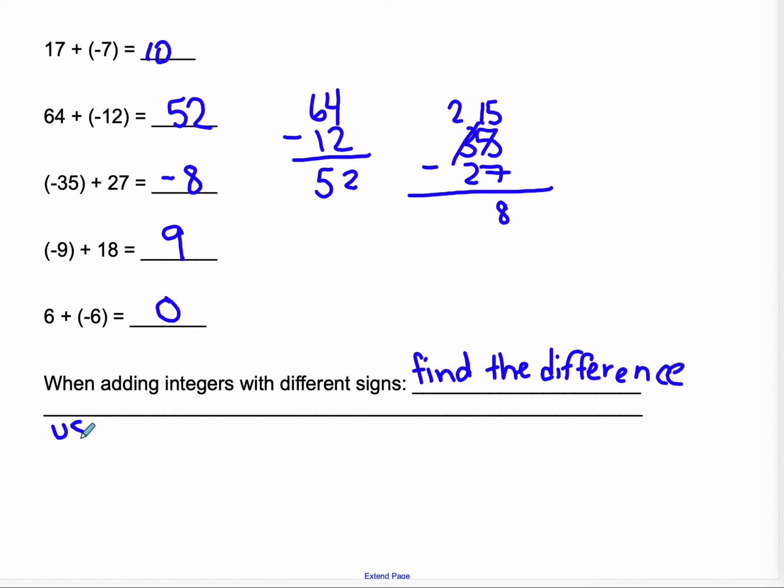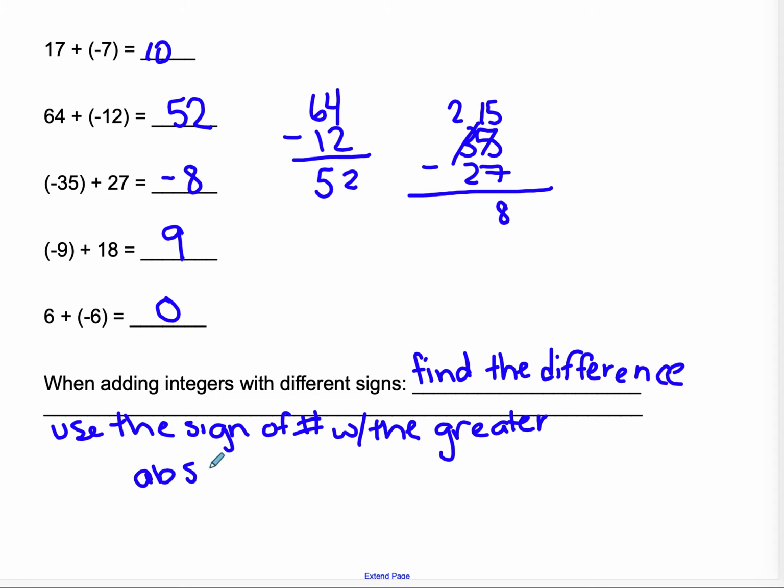We use the sign of the number with the greater absolute value. Great, so different signs, find the difference, use the sign of the number with the greater absolute value.